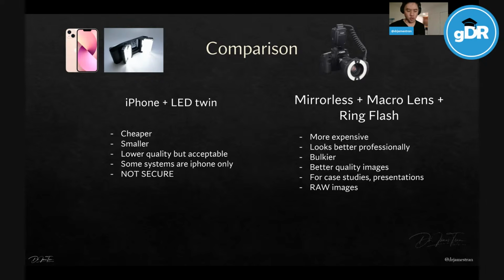Now, we're in Australia, so we're not bound by HIPAA compliance, but in the US, they're very strict about where patient data is stored. It needs to be stored on a secure server, unable to be logged into externally, and unable to be transferred easily to other devices. So with your phone, you essentially need a separate work phone.